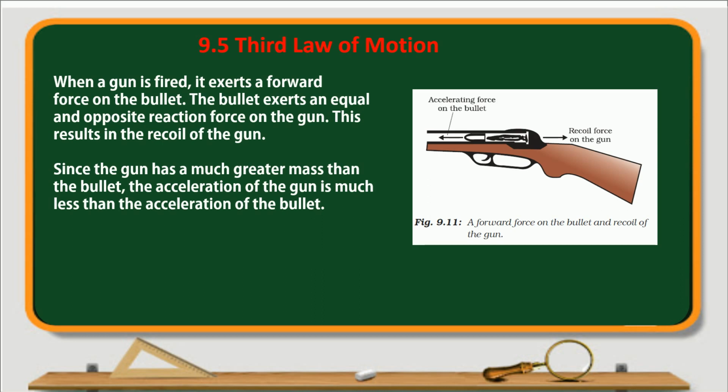These are recoil velocities. The same case is the rocket also, while the rocket is moving upward. How is the rocket moving upward? The same third law of motion is being used. When it is ignited, if you see the launching of a rocket, you can see there is a lot of smoke around it. Why?